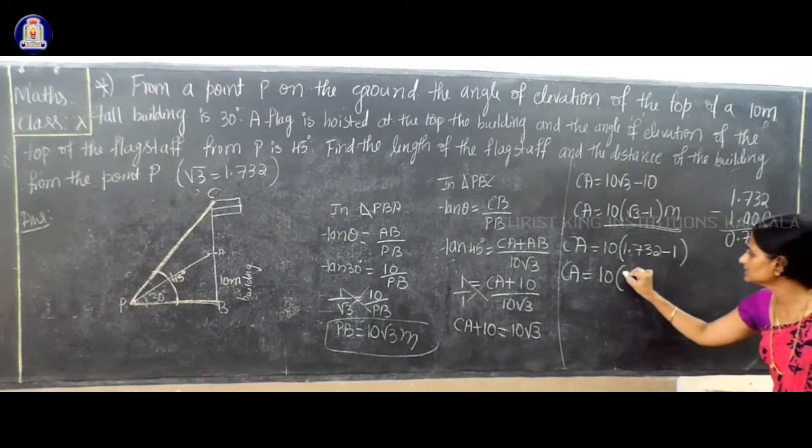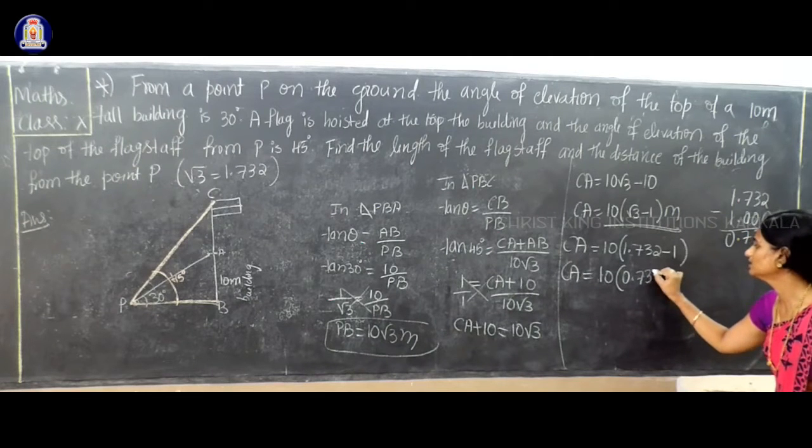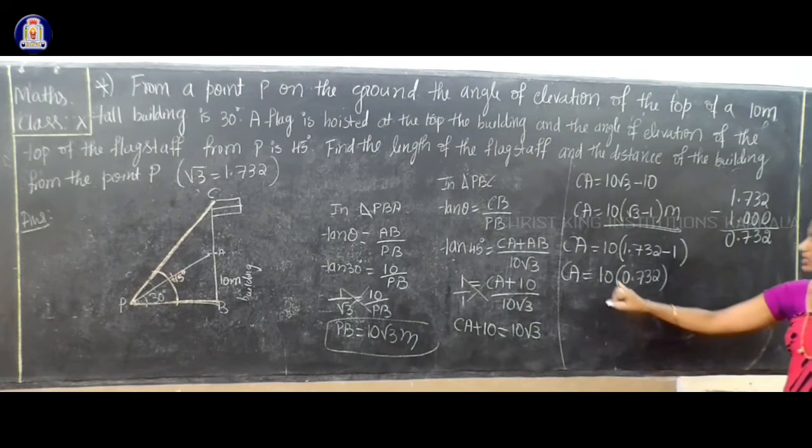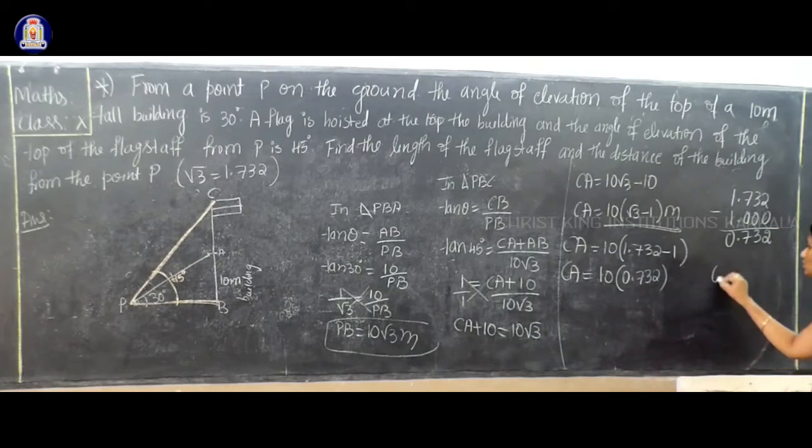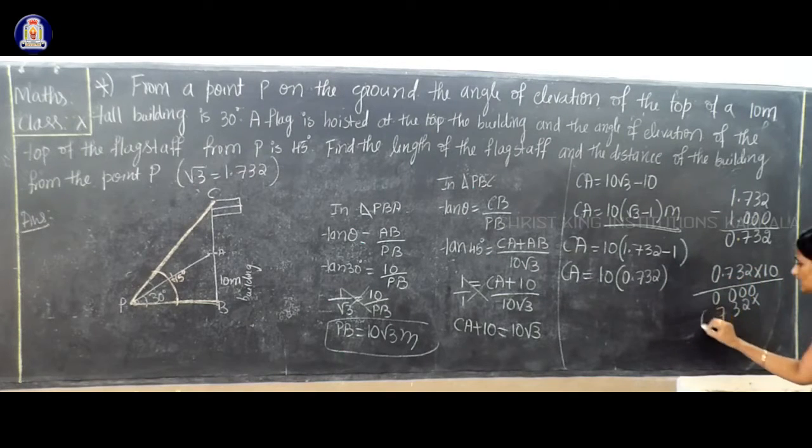So your answer is 0.732. Correct no? So now multiply 10 into 0.732. So 0.732 into 10: 0 times 0 is 0, then 2, 3, 7, 0.